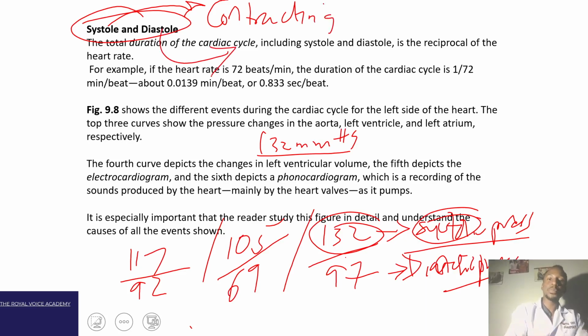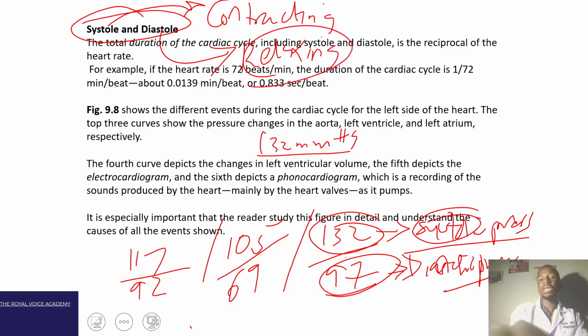And then your diastolic pressure, which forms the denominator of this ratio, is when the heart is relaxing. So that always confuses people, and I would love for you to know these two differences. Systolic is contracting, and then diastolic, the heart is relaxing and filling up with blood.